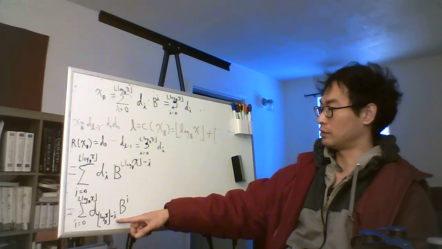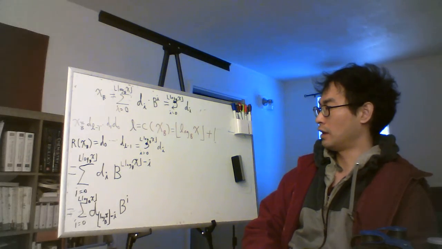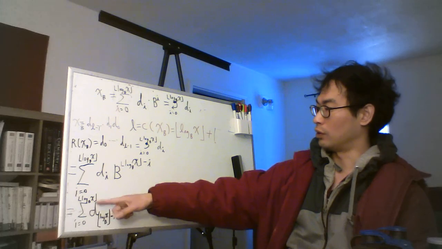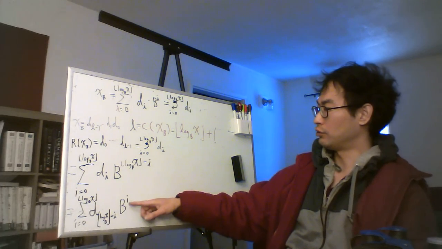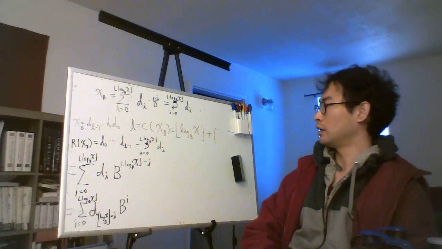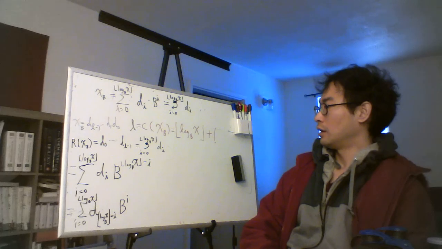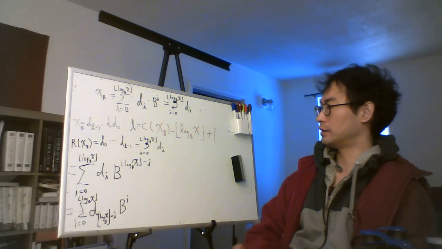Because i is 0, just floor log. And when i is equal to floor log, then it becomes d0 and b to the floor log. Yeah, it works. Very good. We got it.